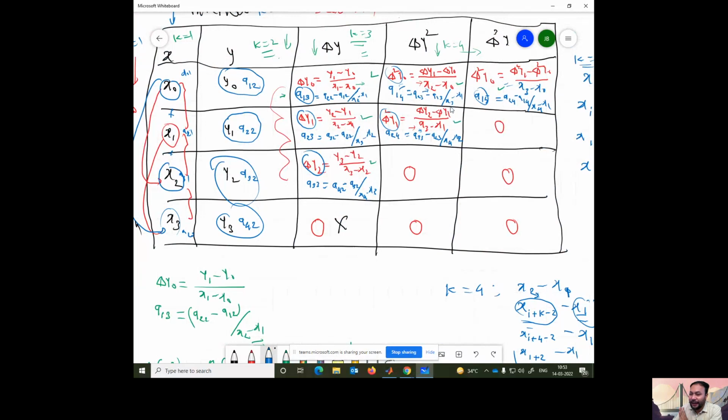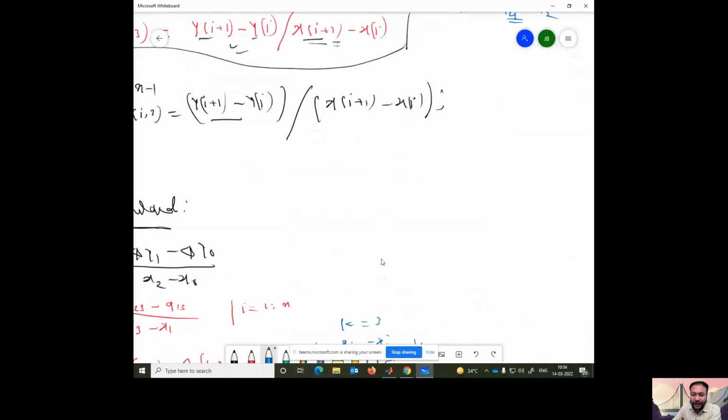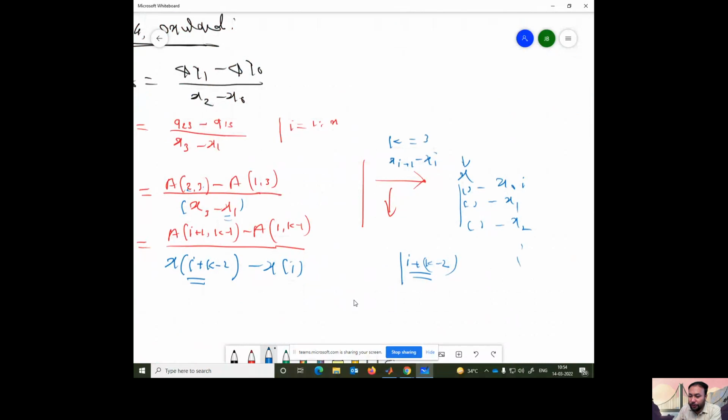The row number is 1 plus the column number k minus 2. Same thing here, the row number is 2 and k minus 2. This is how x moves: x moves by the row number plus the column number where you are working.